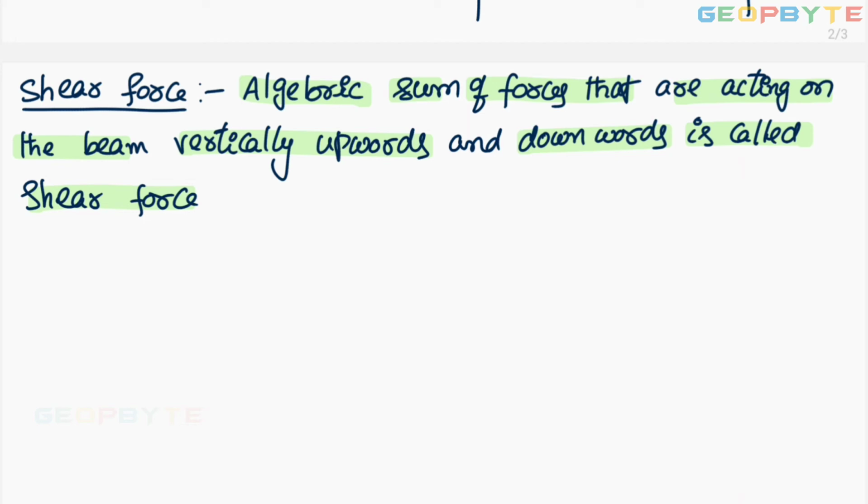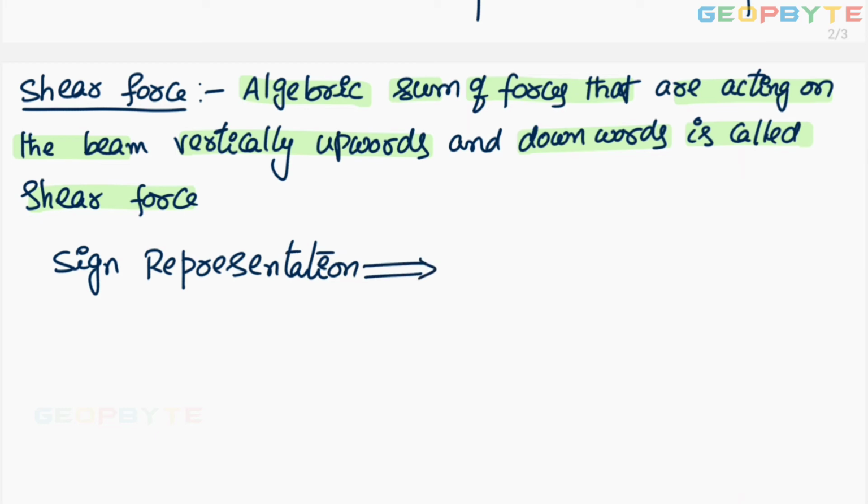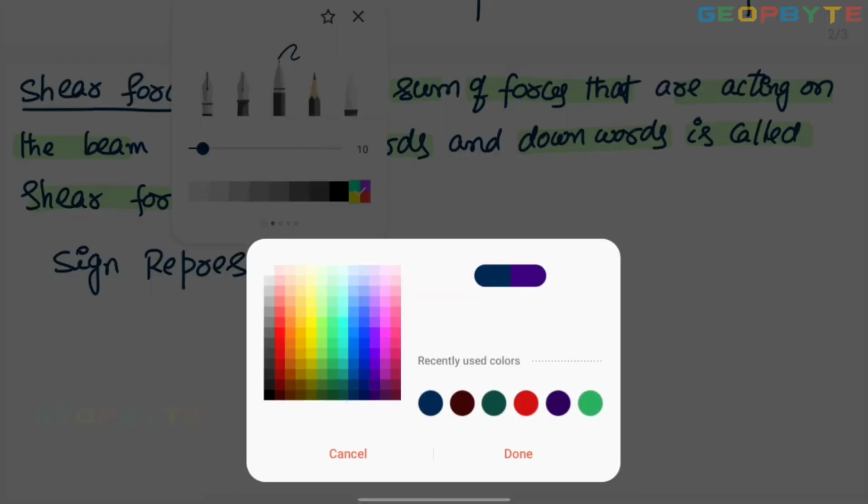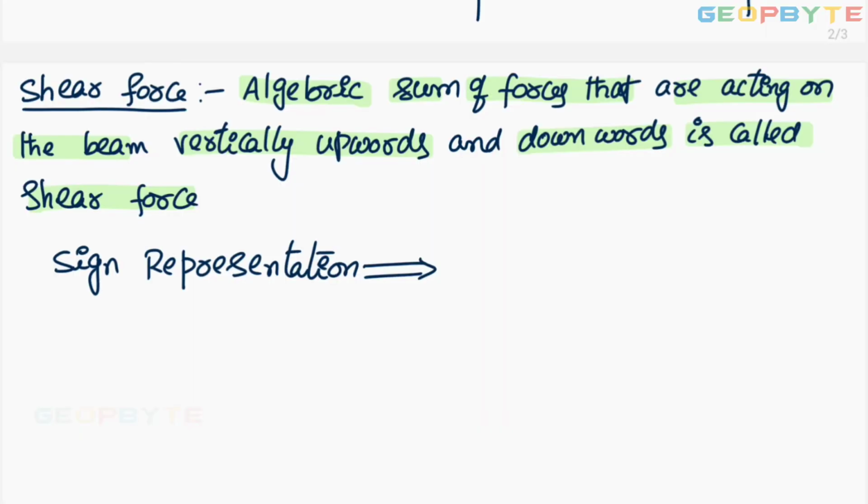Generally, for finding the shear force, the sign representation is like this. Downward force is taken as positive, upward force is taken as negative.